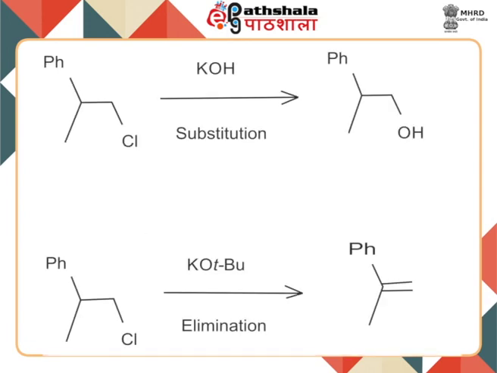So, if bulkier bases are used, they will only act as bases and not as nucleophiles. So, they will prefer elimination over substitution, and out of these bulkier bases, a base like potassium tertiary butoxide is among the best to induce elimination on a substrate over substitution. So, the general principle is sterically hindered bases are good proton abstractors, but they are poor nucleophiles.